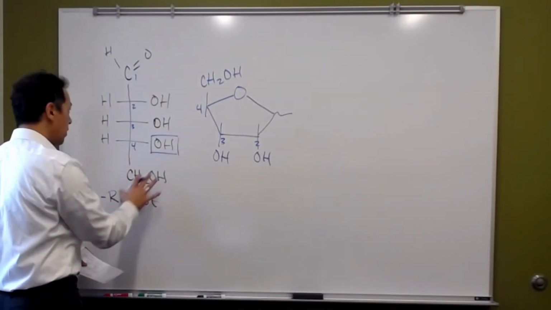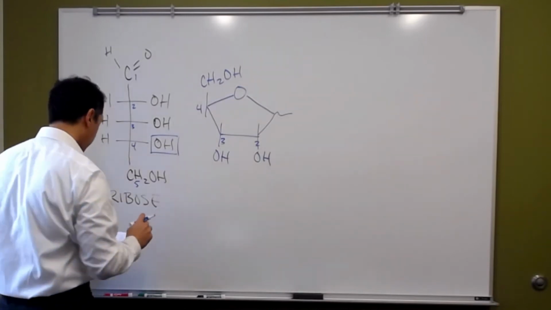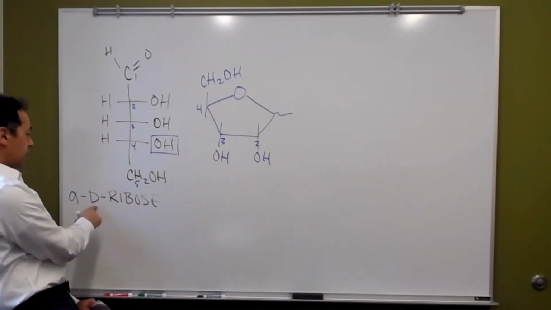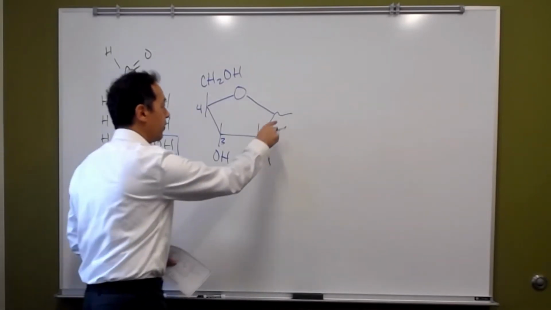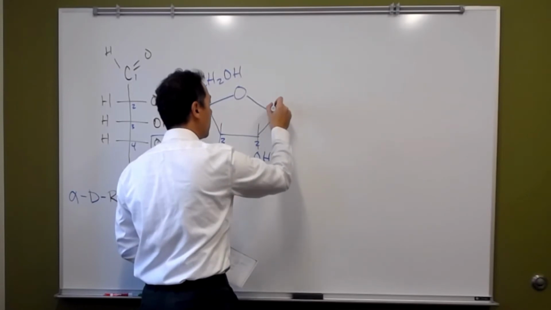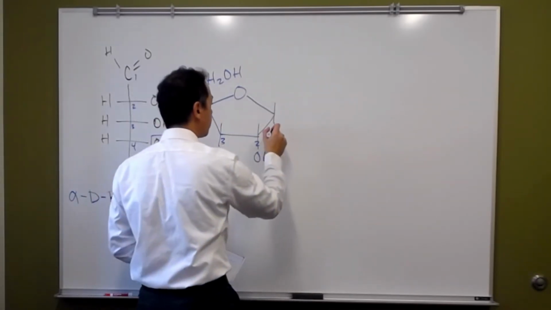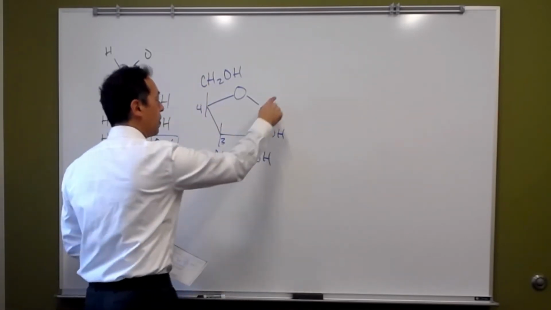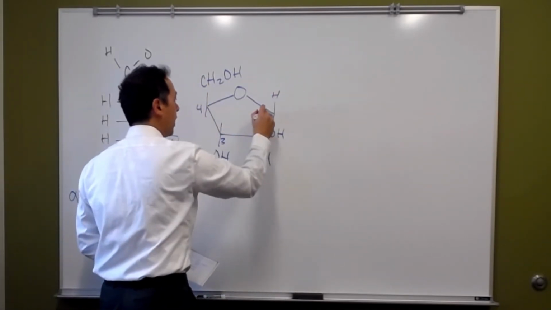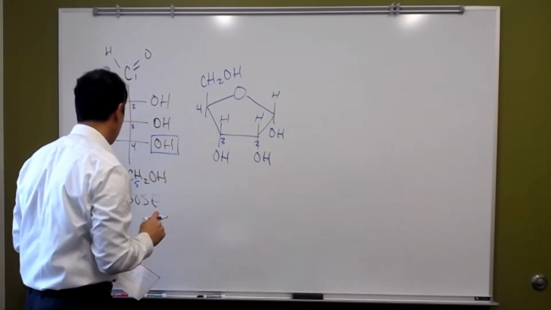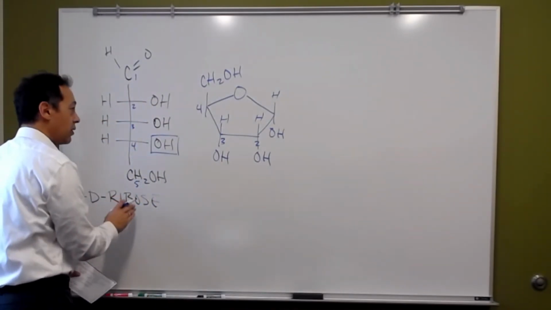We can't tell just by looking at this, but if I call this alpha D-ribose, then that means right here it should be going in the down position, like this. I didn't draw them in, but up above each of these would have hydrogen atoms. I was just being lazy. So here's alpha D-ribose.